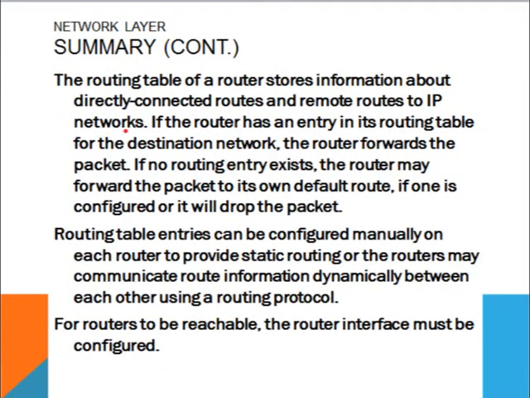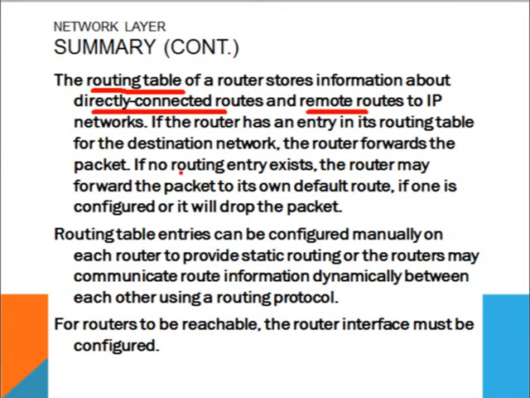So the important thing of the router is how it handles the routing table. The routing table in a router contains information about the different connected routes and the different remote routes.